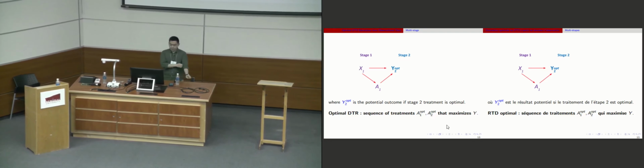Finally, we find the sequence of treatments, A1 optimal and A2 optimal, that maximizes the final outcome. So backward induction reduces the multi-stage decision problem into one-stage decision problems. The key point is that we construct this new outcome, also called the pseudo-outcome, which represents the potential outcome if the future decisions are made optimally.